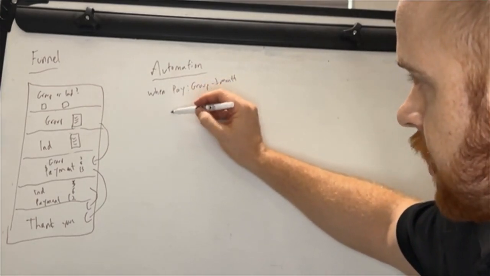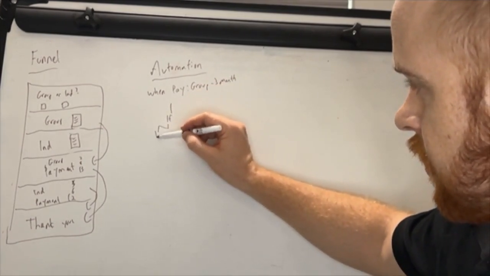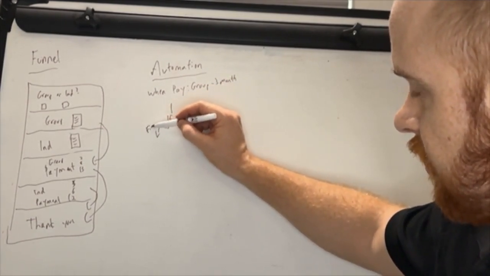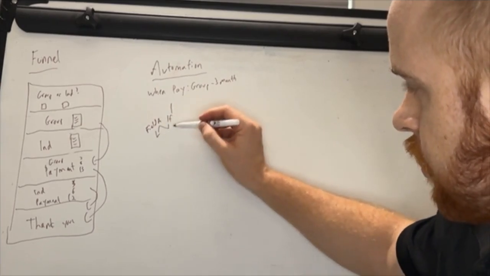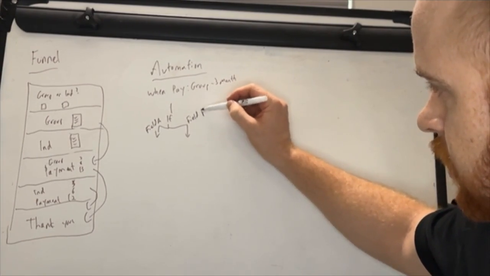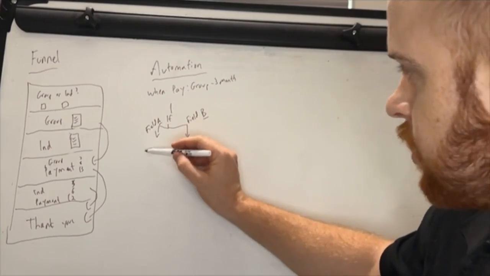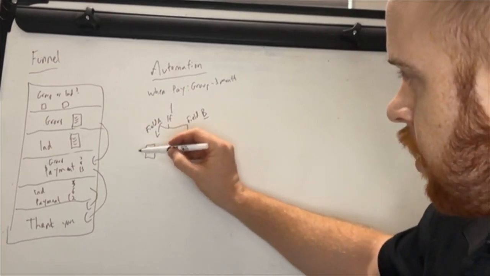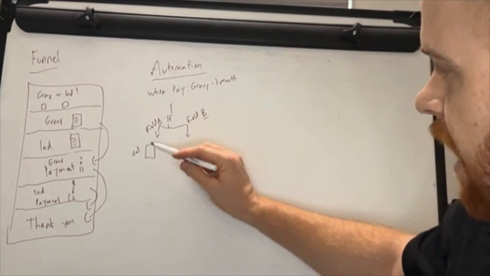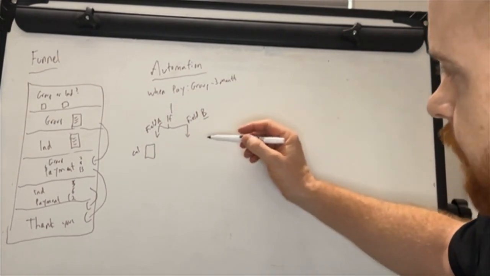So the first thing we're going to say is if they chose field A, go down this line, and if they chose field B, go down this line. And then there's going to be an email with a calendar for field A, a calendar for group 3-month training.